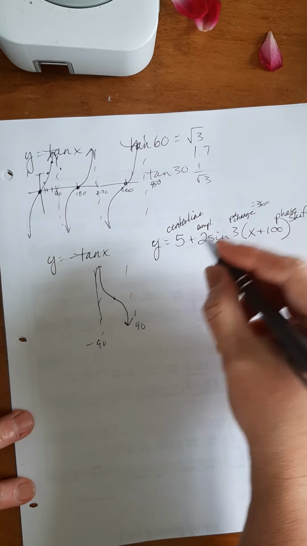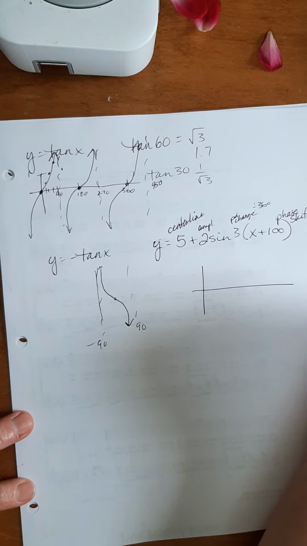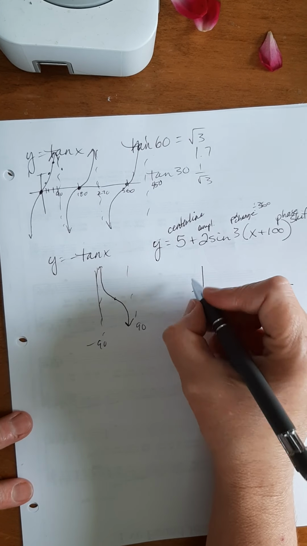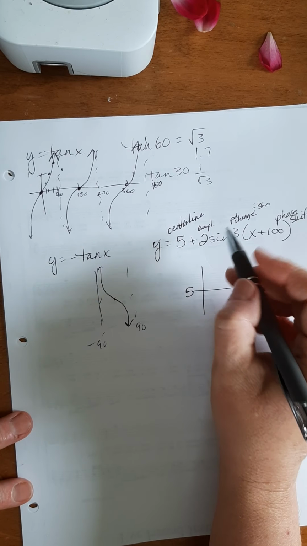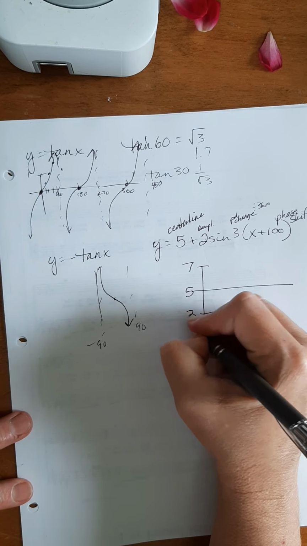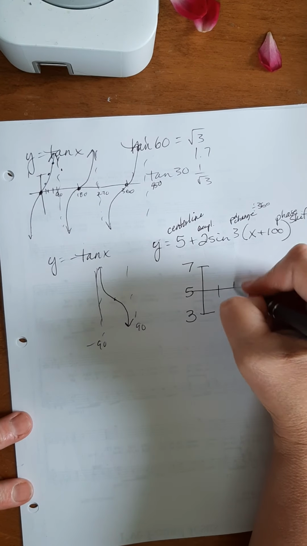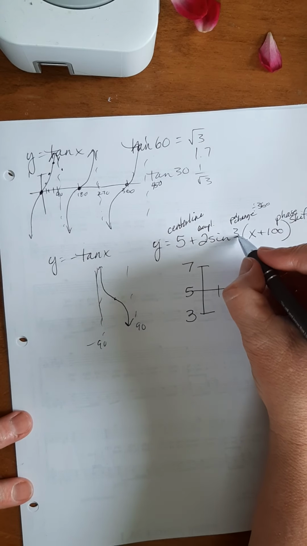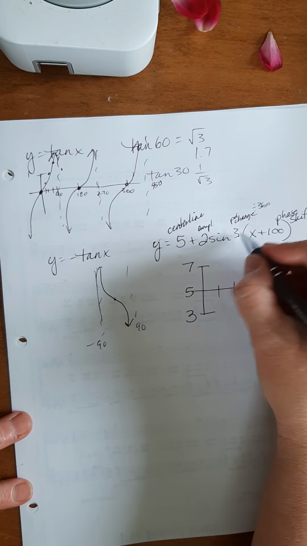So the good thing is I only make you do one, as far as one complete section. So center line is 5. Amplitude or height is 3. So add 2, subtract 2. 4 tick marks. Now before we get to the period change, we have to know where to start.